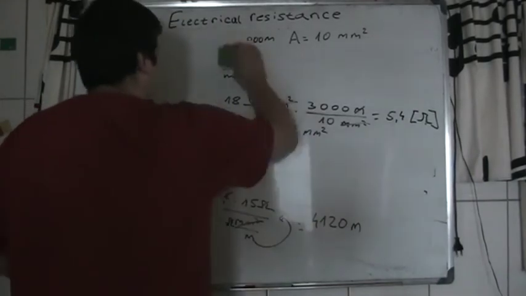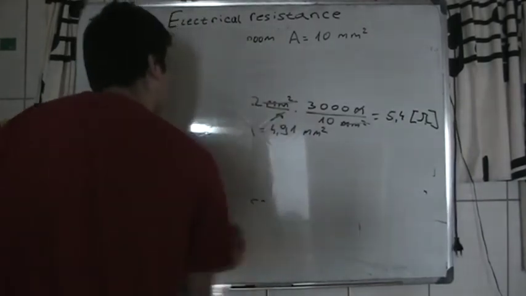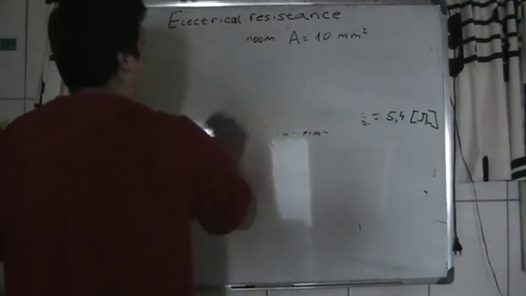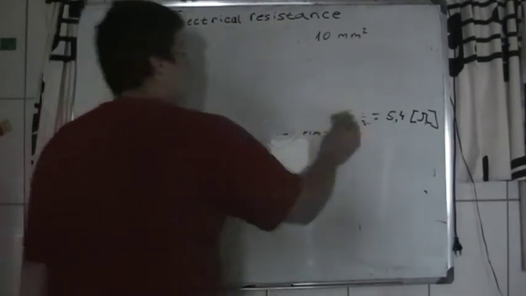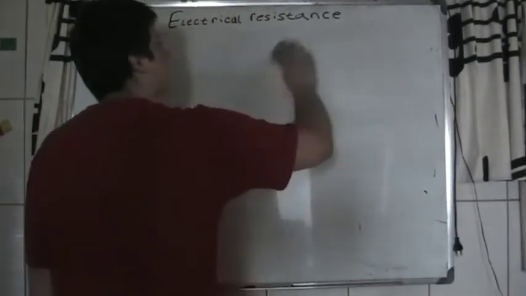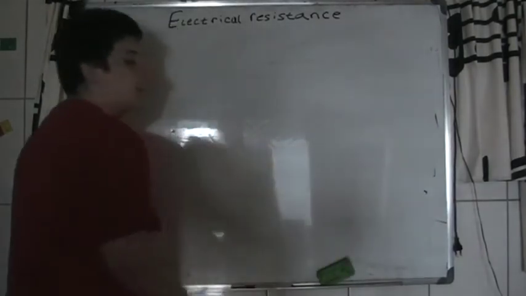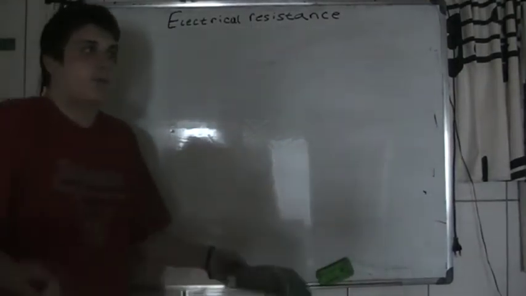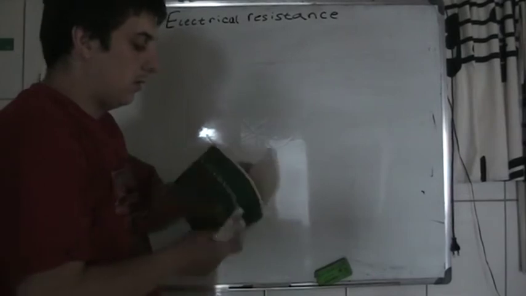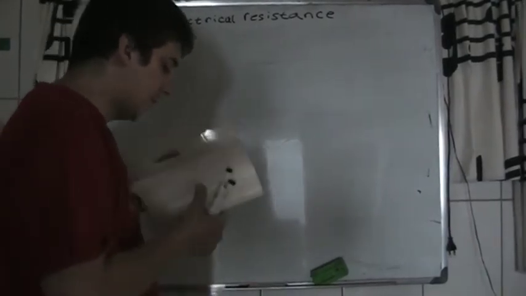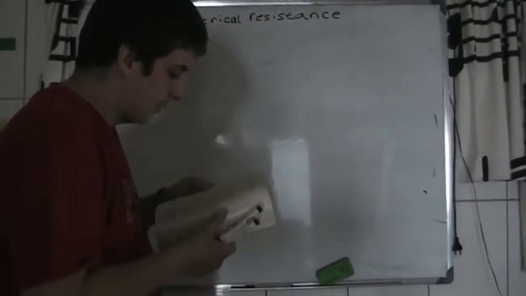Now you get how, with this example, you can calculate the electrical resistance of a lot of conductors. And one more, and that will be it.